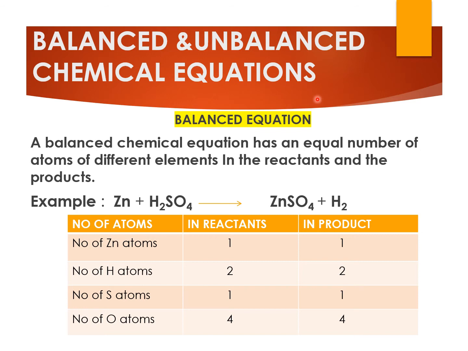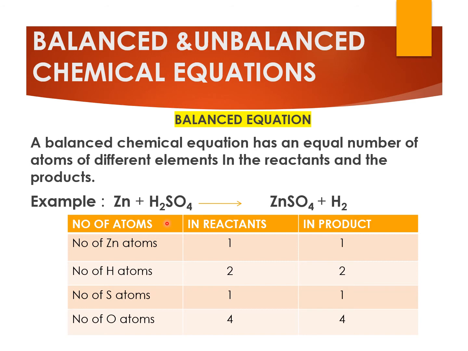That is, during a chemical reaction, mass can neither be created nor destroyed. So following that, whatever chemical equation is written, to prove the law of conservation of mass correct, an equation has to be balanced.